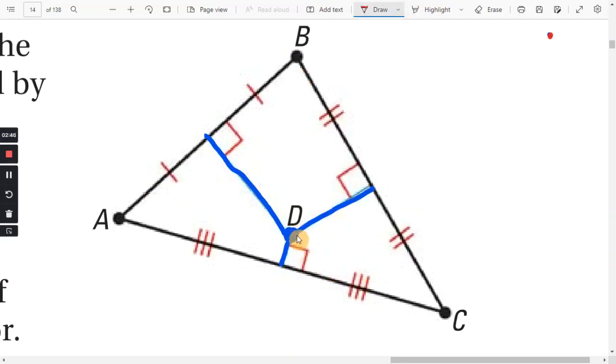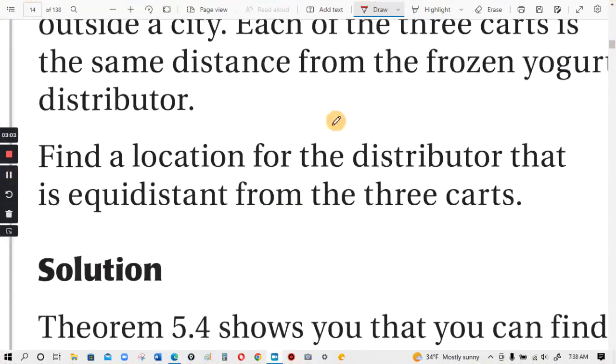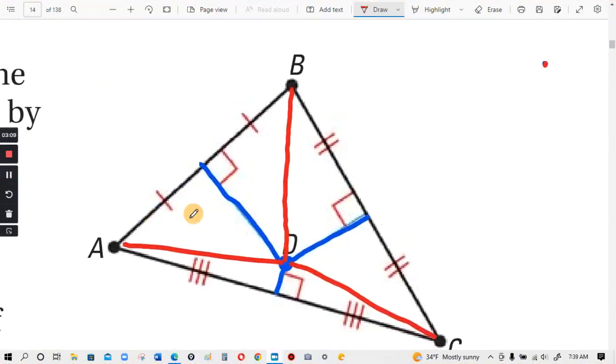So D is the same distance to C, to A, and to B. In that case, the carts A, B, and C are all the same distance from the center. So the distributor is equidistant from the three carts, and point D would be the location of the distributor.